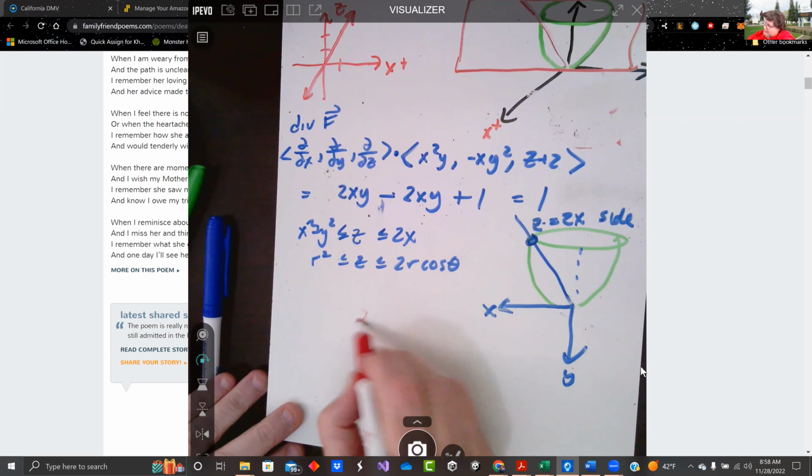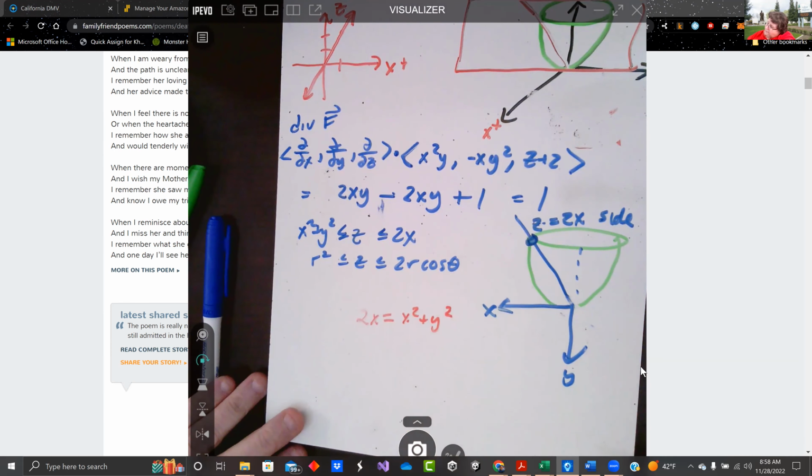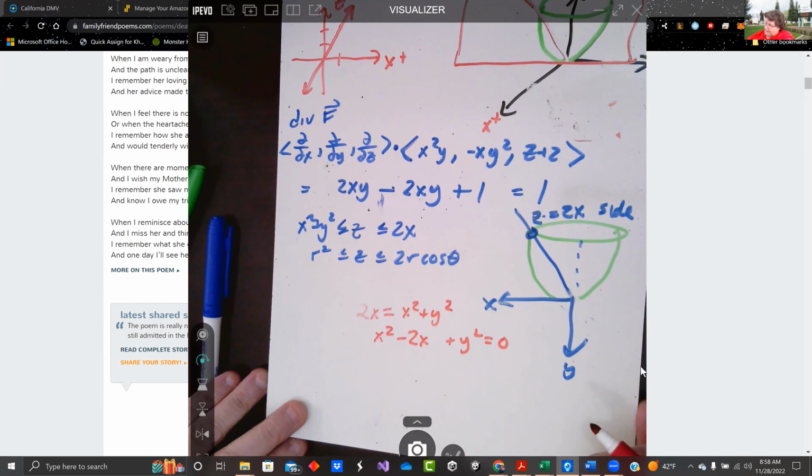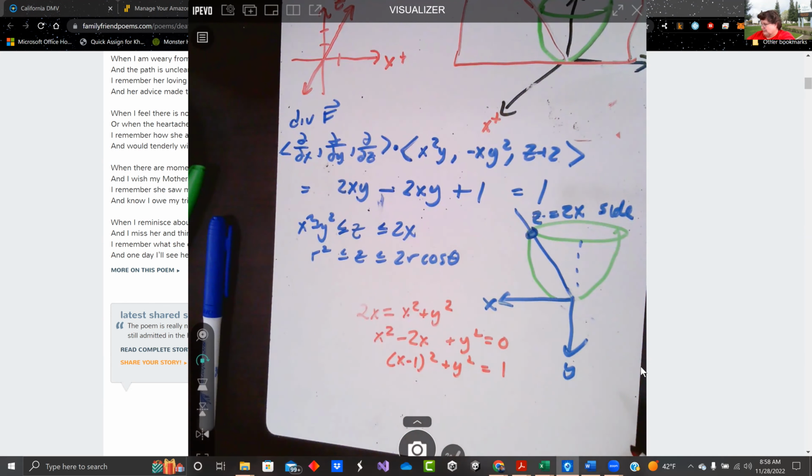So when 2X equals X squared plus Y squared, or X squared minus 2X plus Y squared equals 0. And if we complete the square, we get that. Is that helpful? That's not really helpful, is it? That's not a circle centered at the origin.